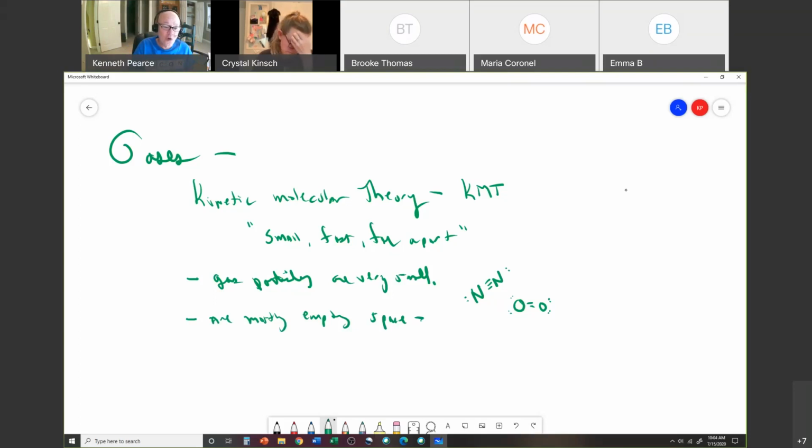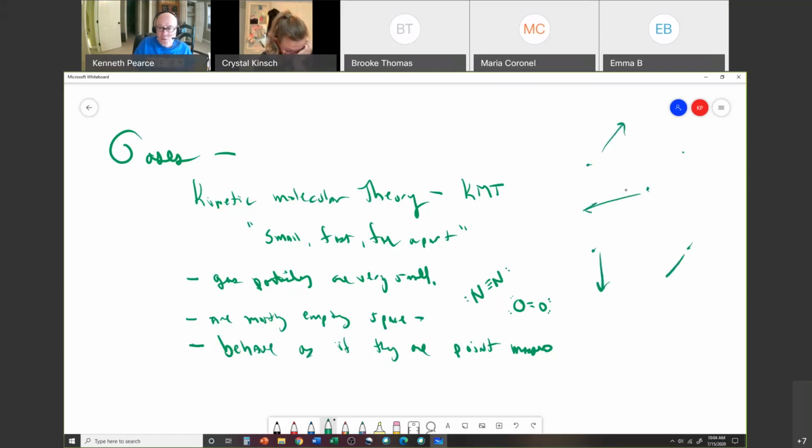So there are large distances between the particles, and they behave as if they are points or point masses. What does that mean? It means literally these little green dots I'm putting up here would represent a gas.